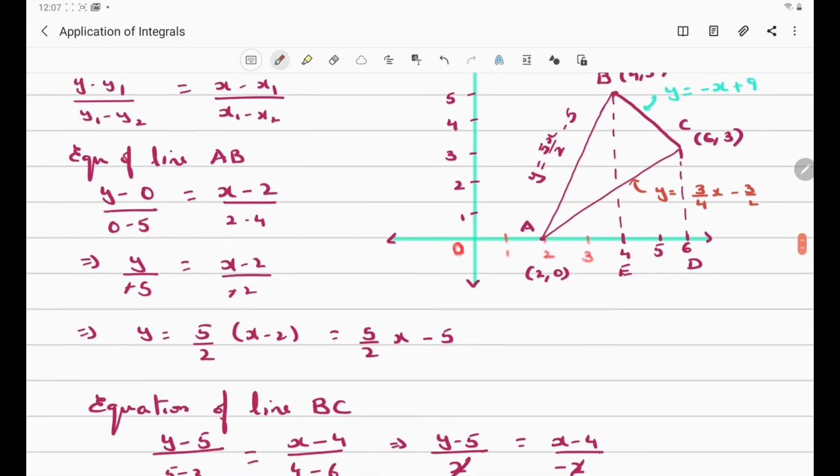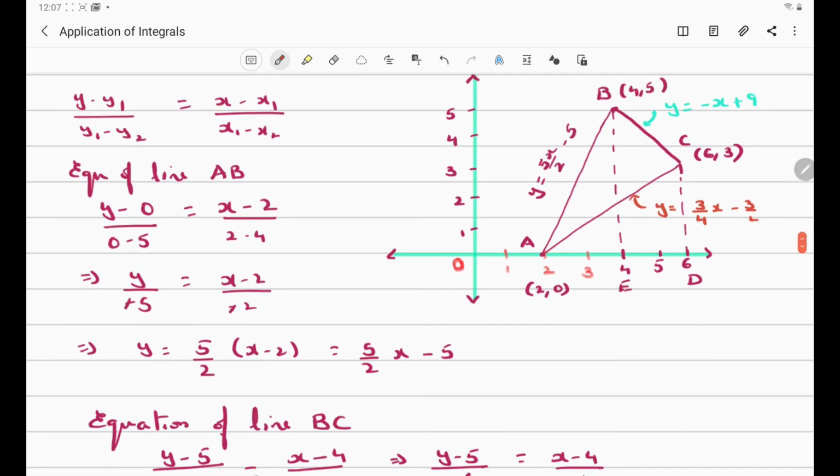Now, after obtaining these equations, if we observe, the area of the triangle is obtained by the area under the line segment AB plus the area under the line segment BC, and from these two areas if we subtract the area under the line AC, then we get the area of the triangle ABC.